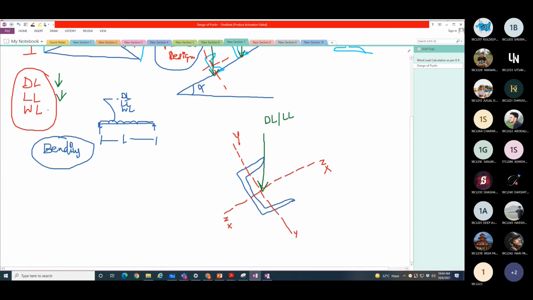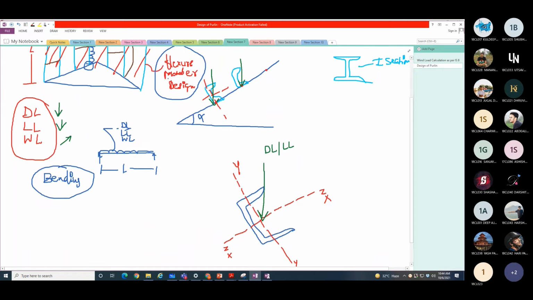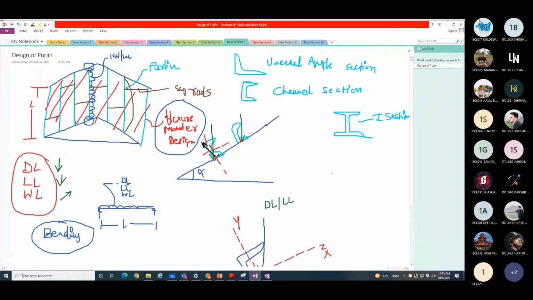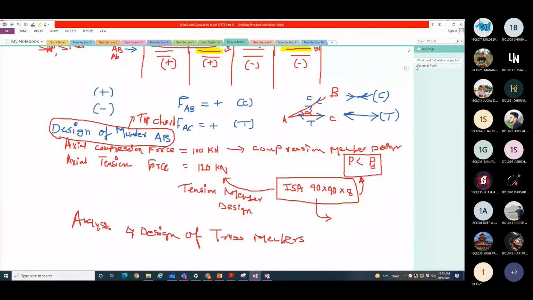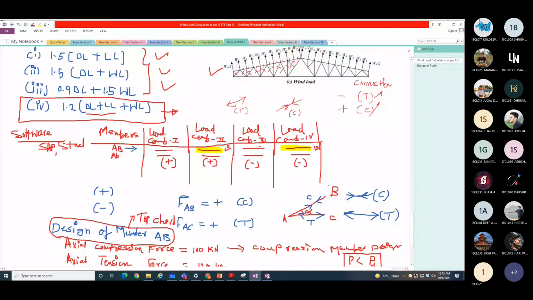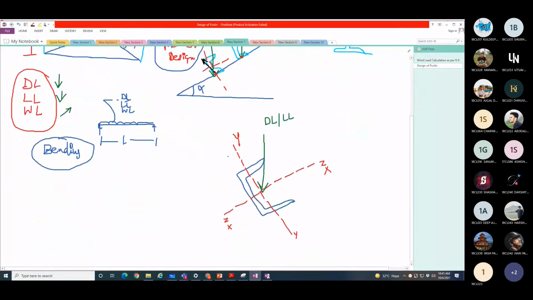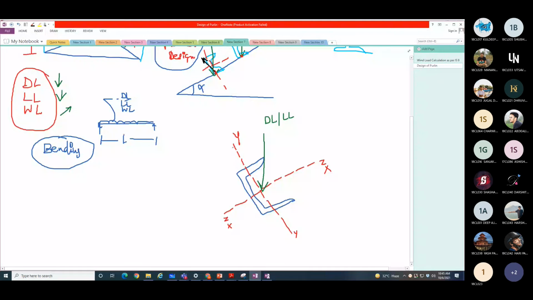And your wind load. Now wind load is perpendicular to your surface. So if I draw it, the wind load will act in this direction as per our last figure. This is perpendicular.